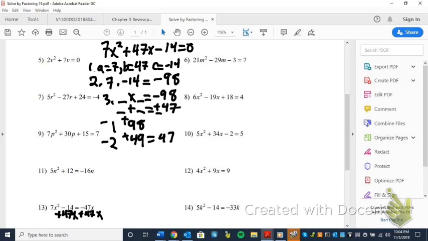Hey, that equals 47. So I'm done. I now rewrite my initial equation, but instead of writing 47x, I write negative 2x plus 49x minus 14 equals 0. Step 4, that's step 4. I now group.